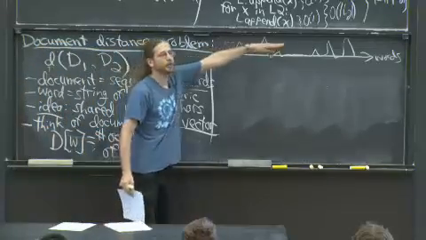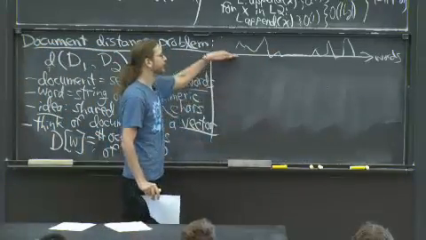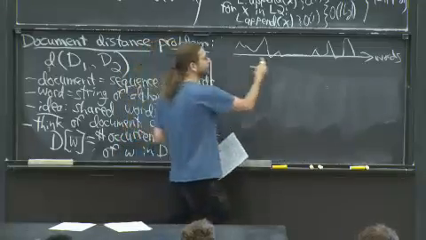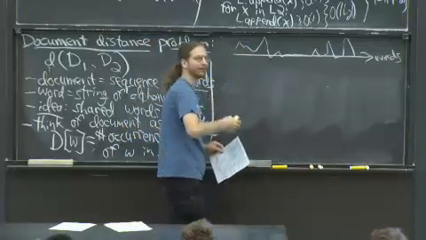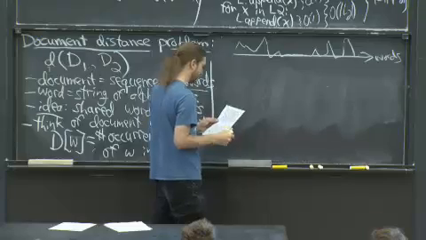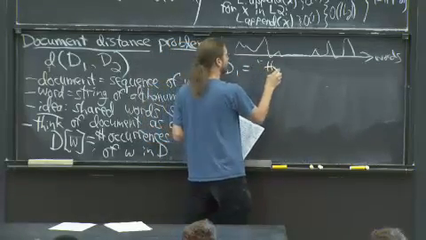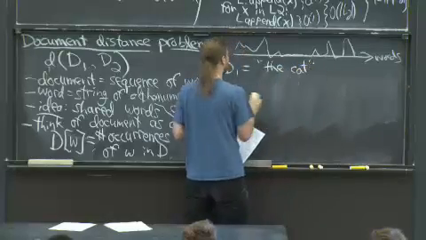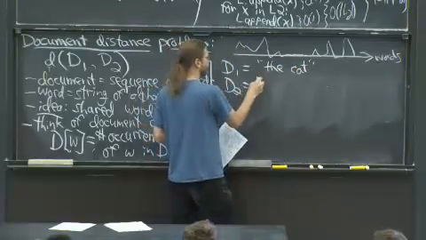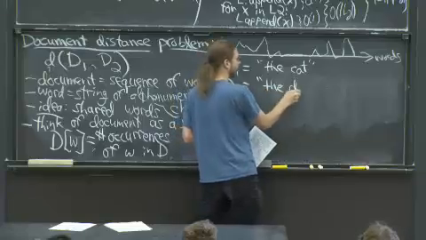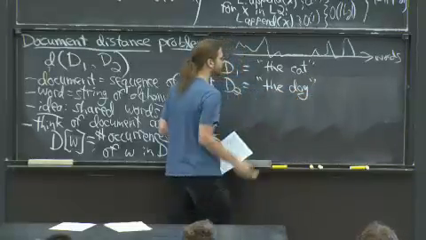You can think of every document as being one of these plots on a common axis. There are infinitely many words, so it's a big axis, but it's one way to draw the picture. For example, take two very important documents: everybody likes cats and dogs.